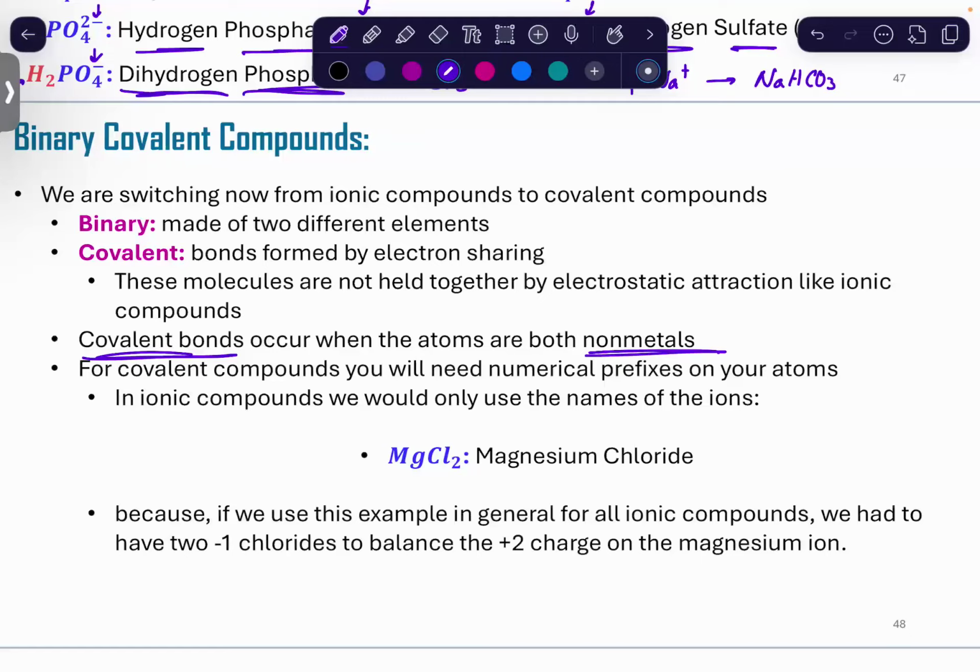So if you go to the periodic table, it has to be like carbon and hydrogen, nitrogen and oxygen, carbon and oxygen. It has to be two non-metal atoms, because if you go with a metal and a non-metal, you get an ionic compound. Or you have an ionic compound if you have a polyatomic ion.